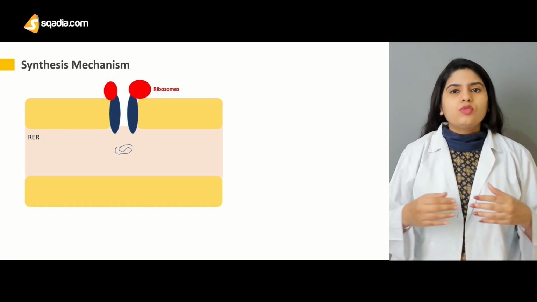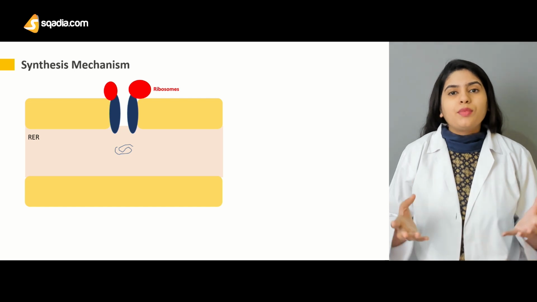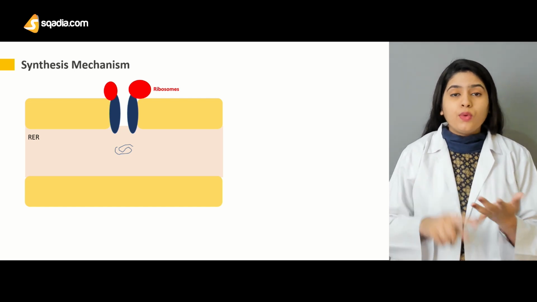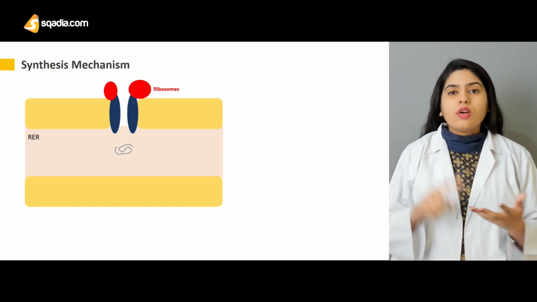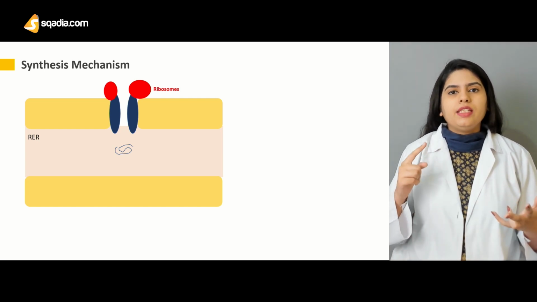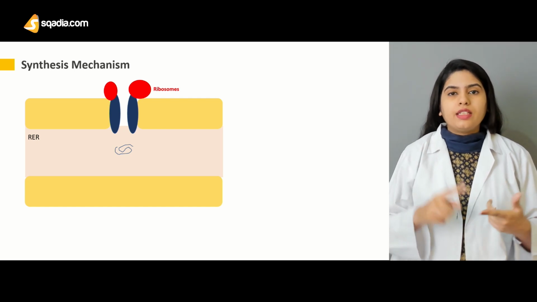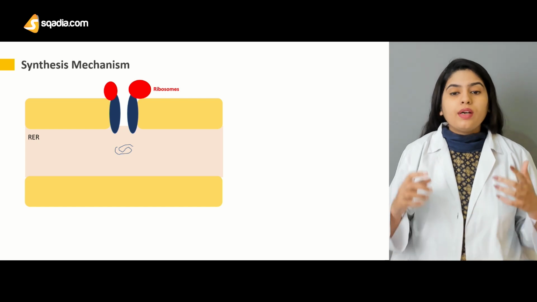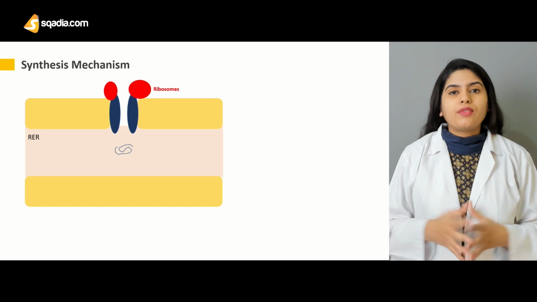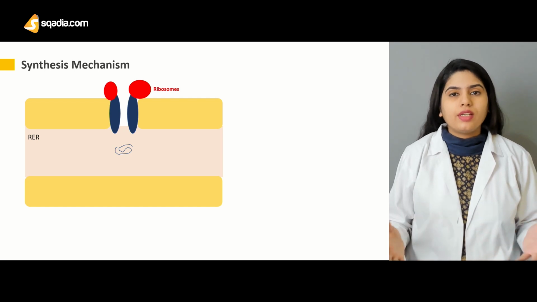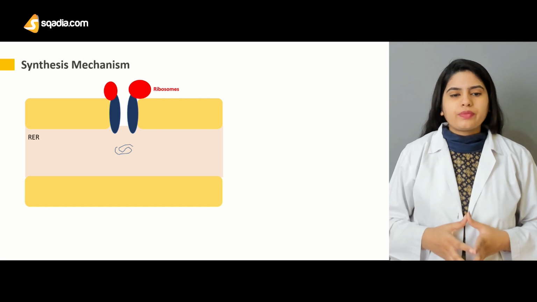There are so many changes taking place here that you can summarize as the folding of the protein in the lumen, the oxidation, the formation of the new bond, and at the end the cleavage too. Now, what is the oxidation involved here? Basically, the formation of the sulfide bond is termed oxidation in this formation of the proinsulin.